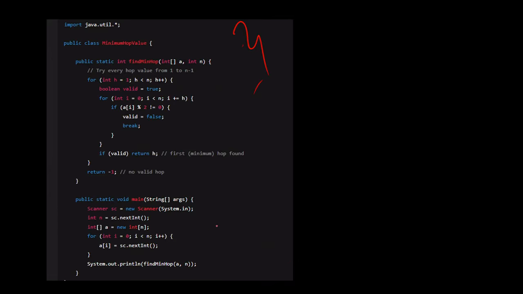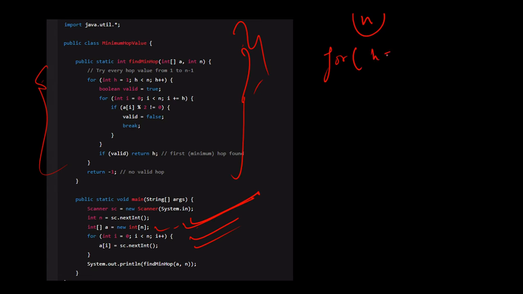First we will take our input, the array input. We have taken n elements in the array, and we will pass them to this function. Let's start with our hop value 1. We start a for loop with h equal to 1, and we will increase the hop value one by one.